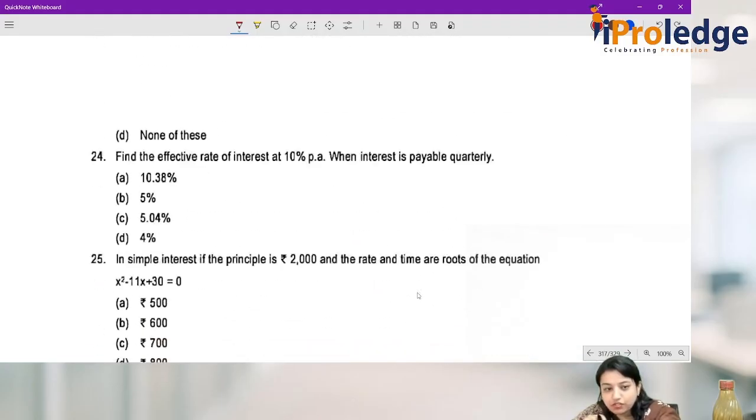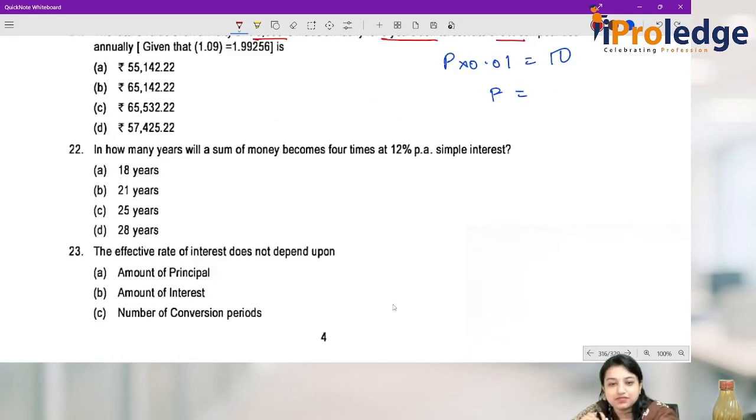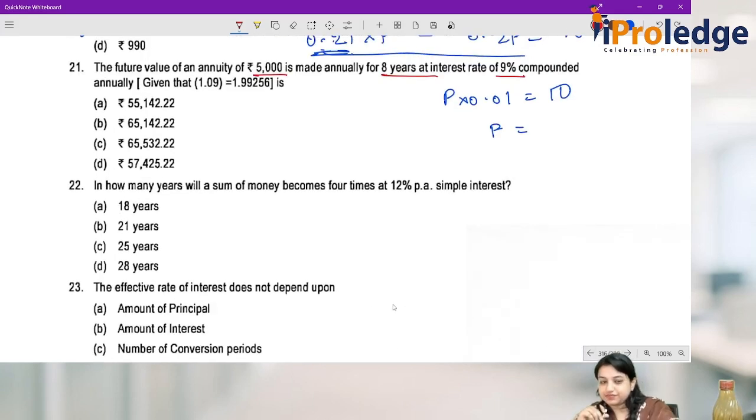So still 4 or 5 questions remain. Total 25 questions are from the first lesson: equations, SI, CI, and unit. 25 questions.